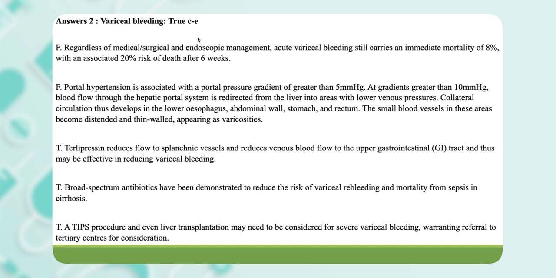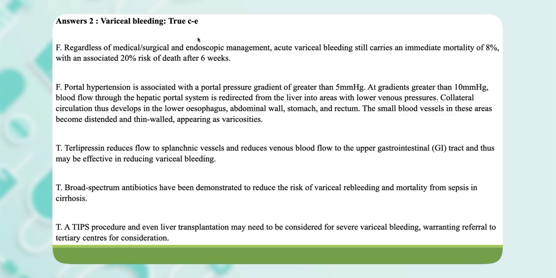You have to know how many lumens there are and what each lumen is for, how much air you will give in which balloon, which one you will first blow to create a tamponade, and how long you will keep it and when you will release. Everything you have to know in detail.